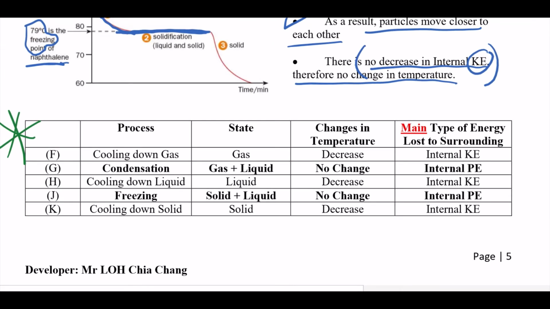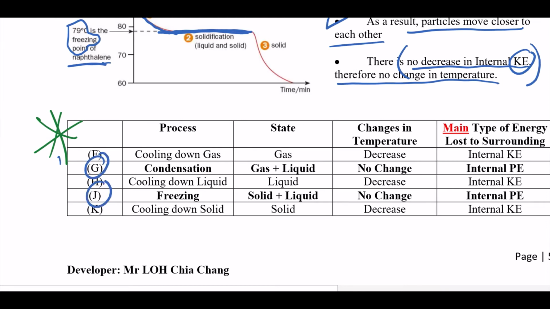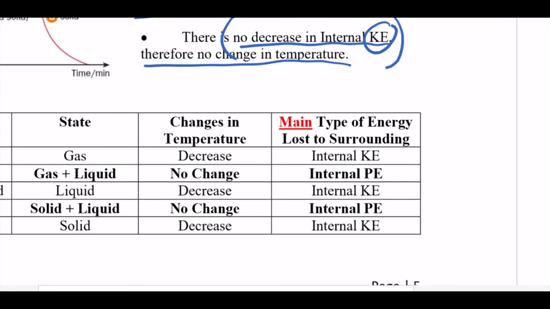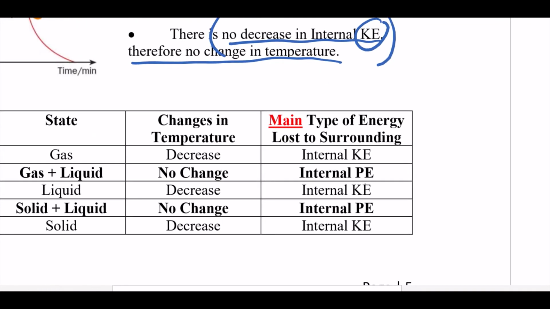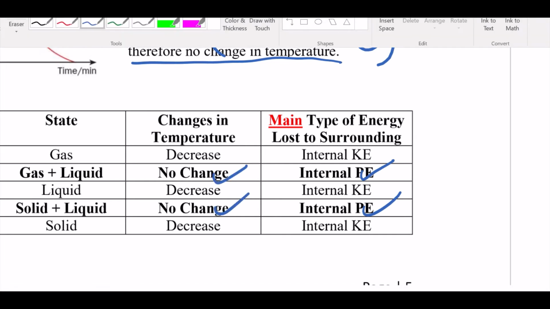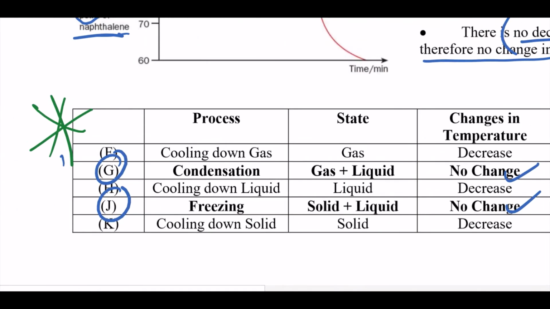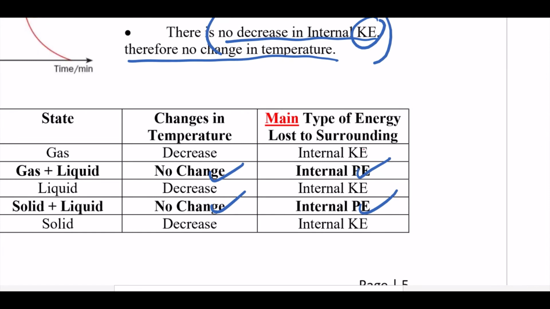We are looking at special cases G and J, which are condensation and freezing. The internal PE is lost to the surroundings, so there is no change in temperature. For all other cases during the cooling process, like E, H, and K, the internal KE is the one lost to the surroundings in the form of thermal energy. As a result, there's a decrease in temperature of the substance as a whole.